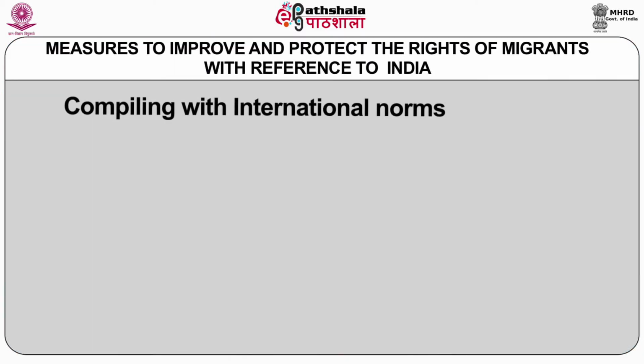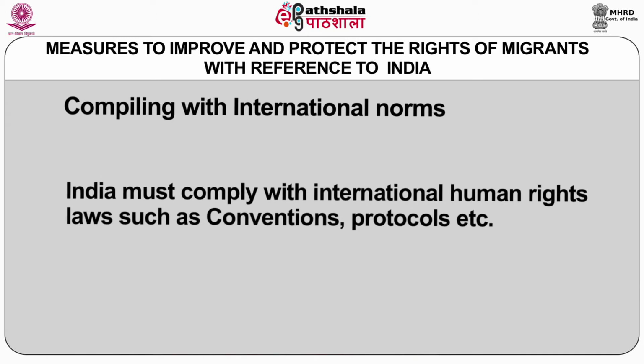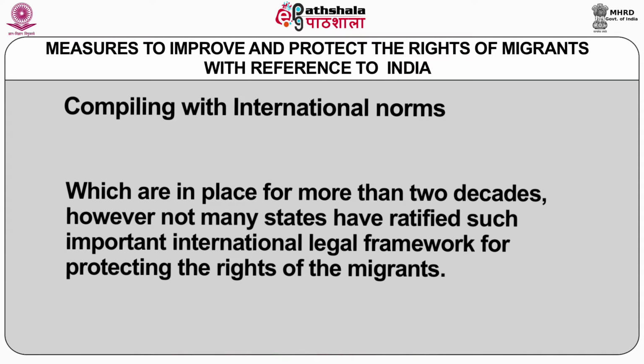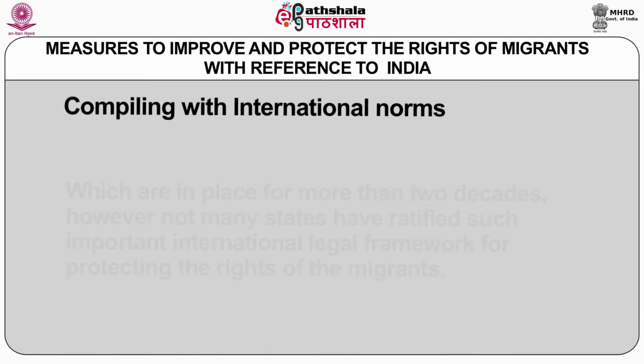India must comply with international human rights laws such as conventions, protocols, etc., which have been in place for more than 2 decades. However, not many states have ratified such important international legal frameworks for protecting the rights of migrants.